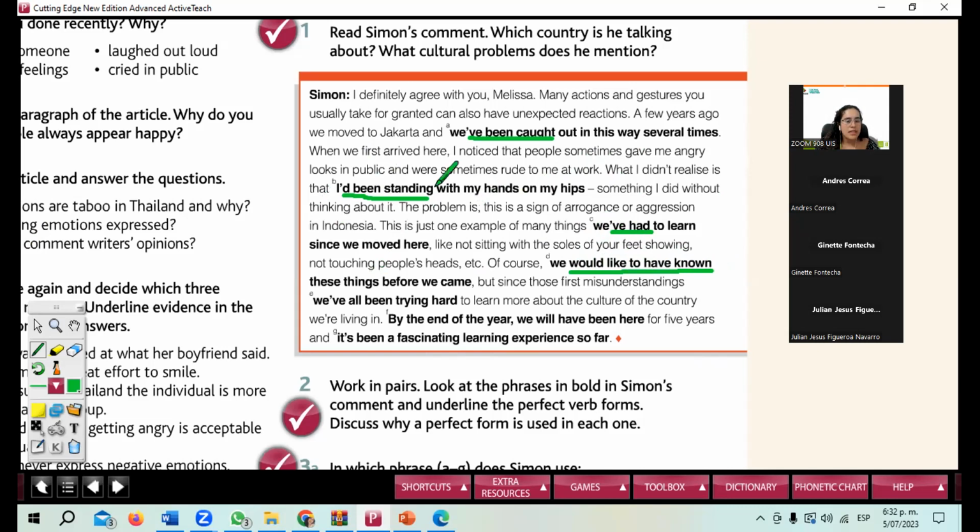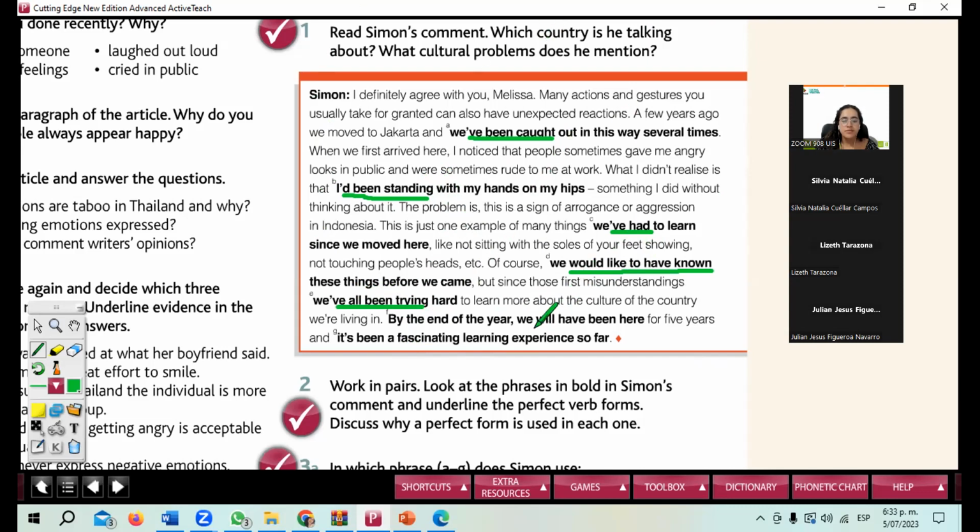Let's continue with Lisette. Sentence E. We've all been trying. I think that's present perfect continuous. Yes, this is the present perfect continuous. It's correct. Silvia, letter F. Future perfect.